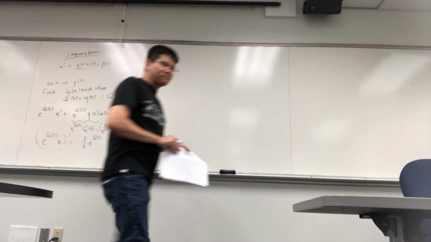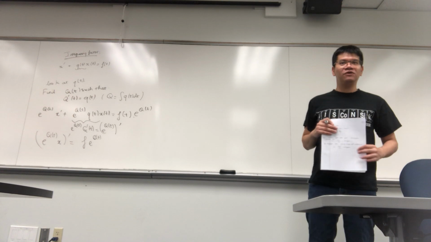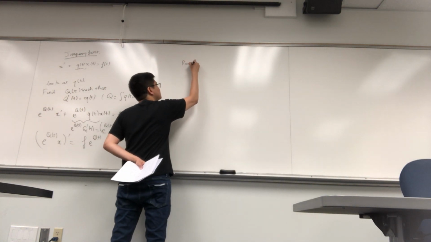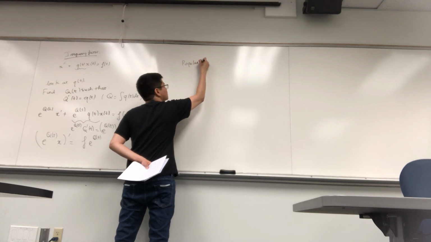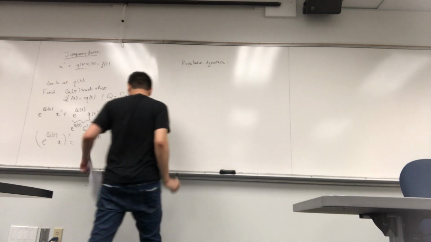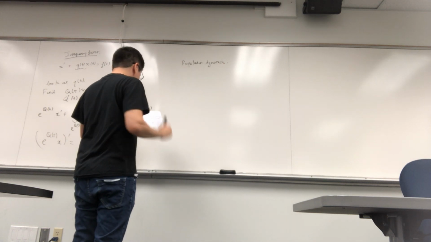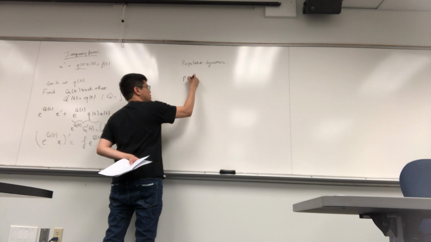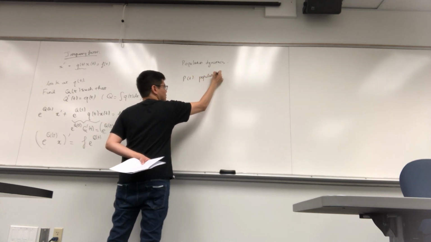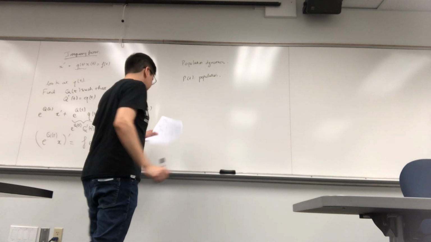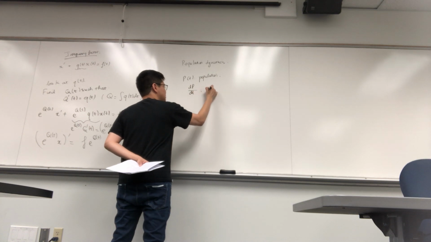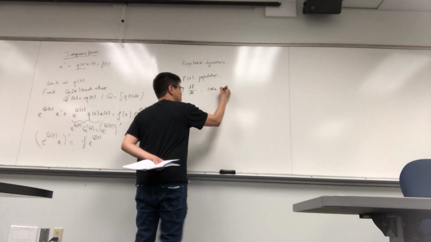Now let us go back to our application from last time, population dynamics. In the application, we have P, which is the population. dP over dt is the rate of change of the population.